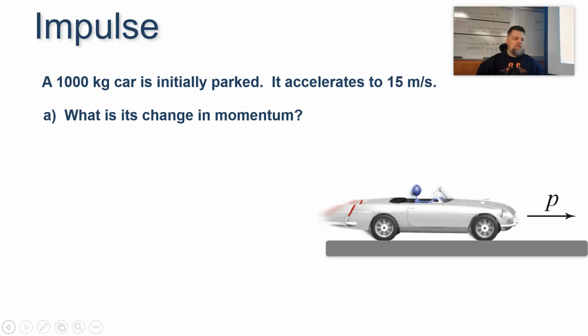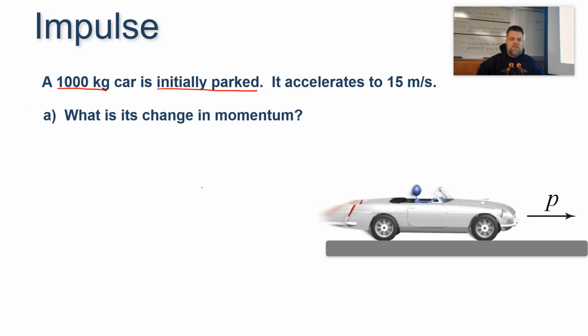So let's do a problem together. It says, what is the change in momentum? Well, I have a car that's 1,000 kilograms that's initially parked. What does that initially parked tell you? What's the clue they're giving you?